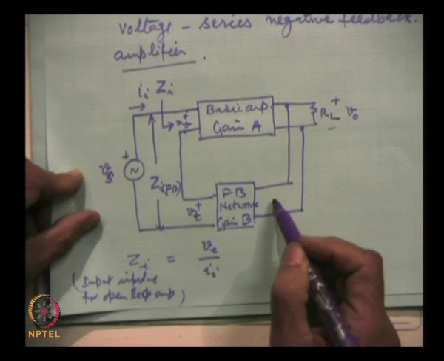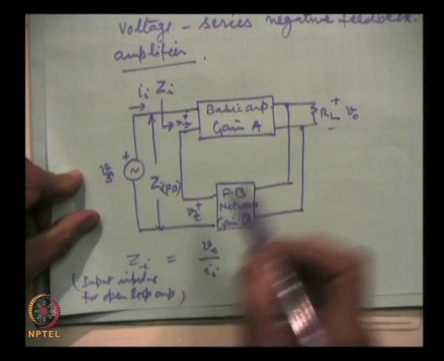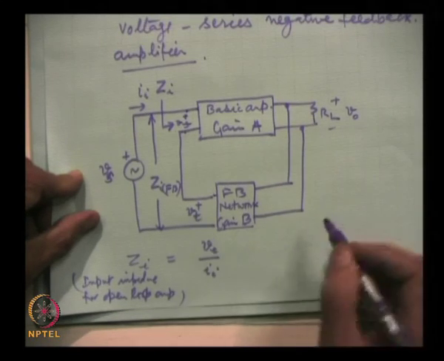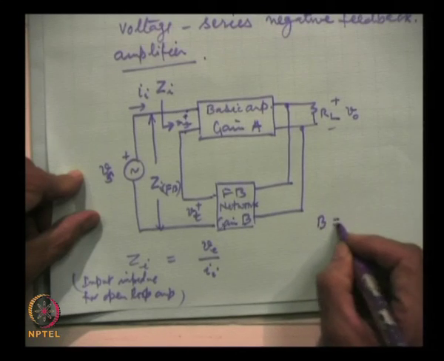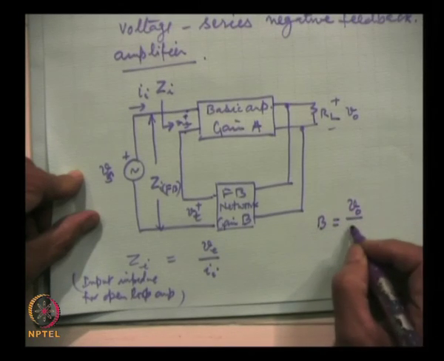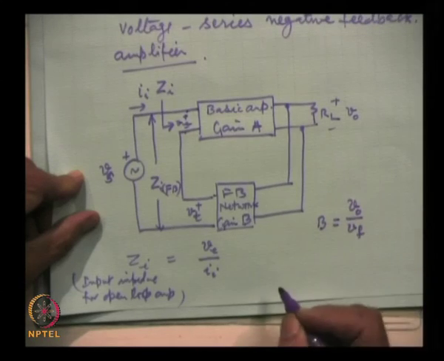The input Vf, V0, the output Vf. So, obviously, B is equal to Vf by V0.